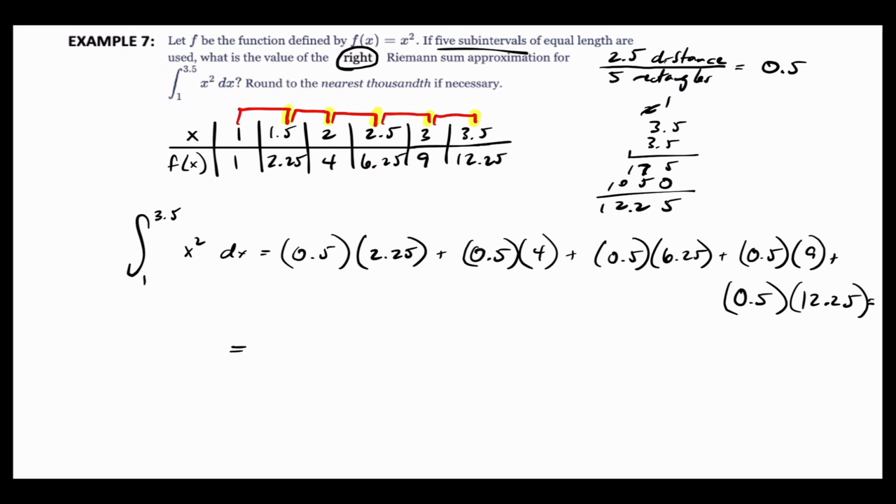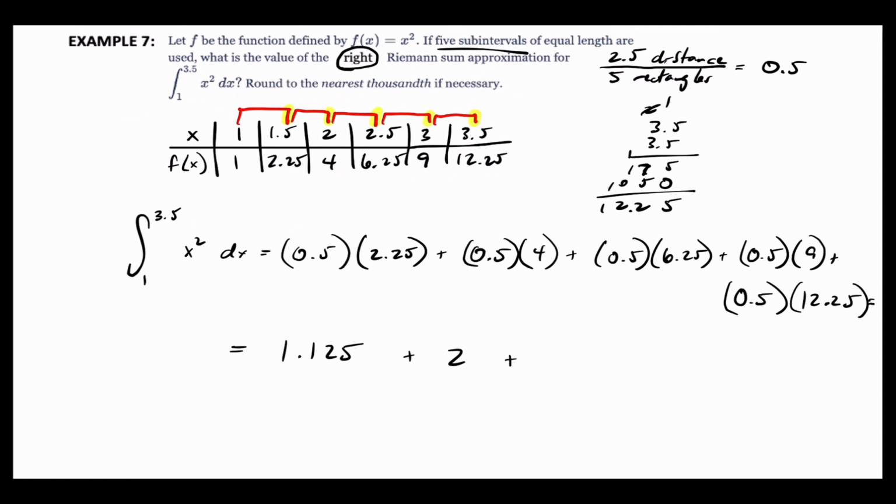Okay. So half, so you just have to multiply by half. So half of 2.25 is 1.125, I believe. Half of 4 is 2.